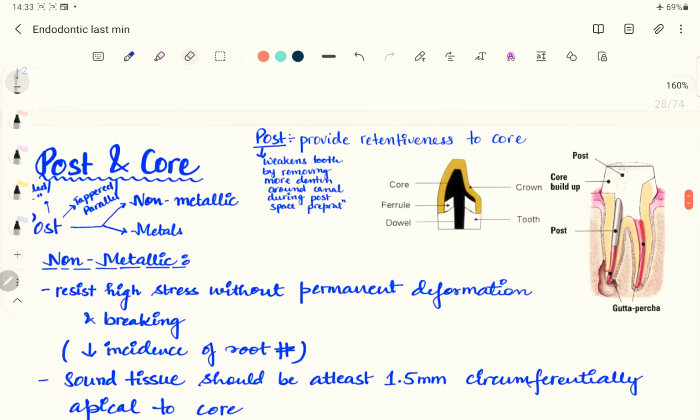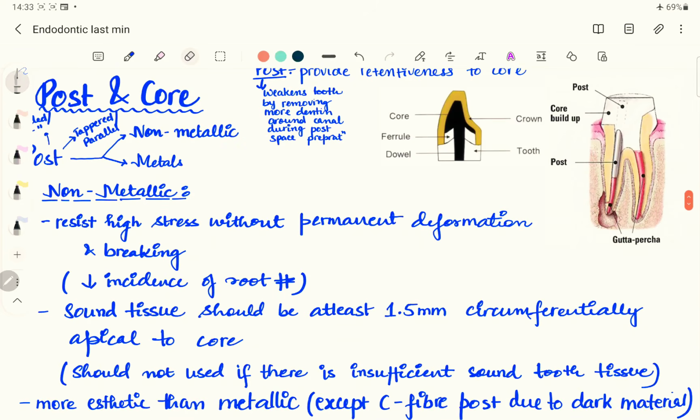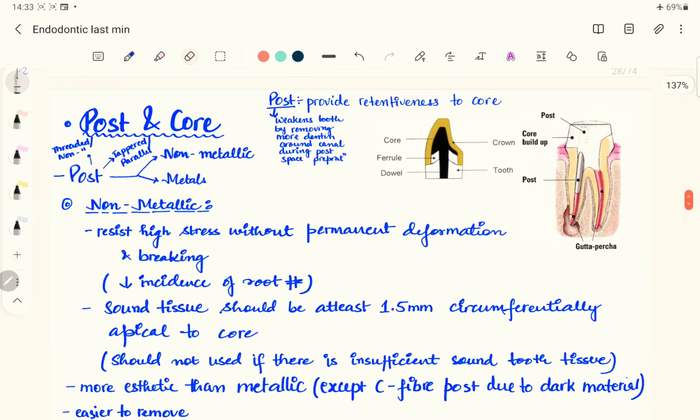Now let's have a look at a few important points regarding non-metallic post. Though non-metallic posts are not made up of metal, they resist high stresses without undergoing permanent deformation and breaking. So the chances of root fracture decrease if we use a non-metallic post.